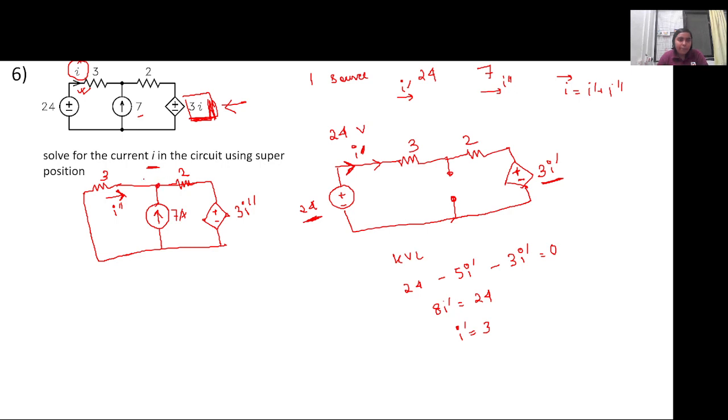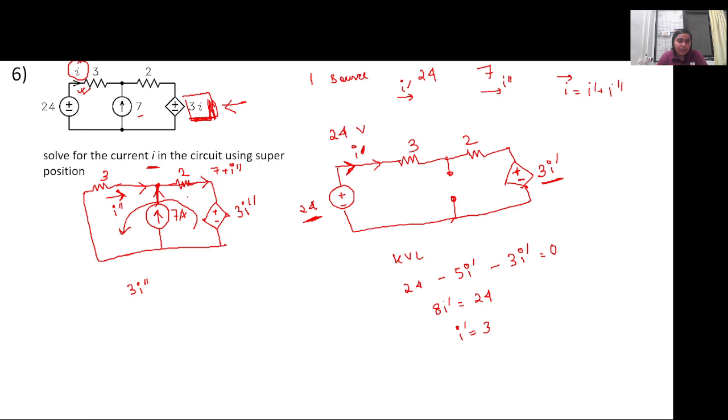So now we have the branch current from here, which is I double dash, and 7 ampere current is flowing here. So we can calculate the current through this 2 ohm resistance, right? So it will be 7 plus I double dash. Now we can apply KVL in this big loop, right? So it is 3I double dash.